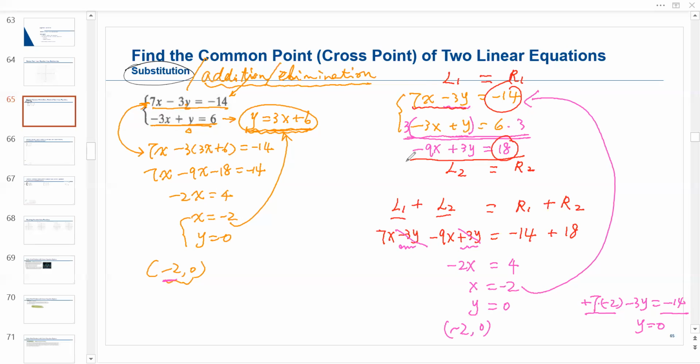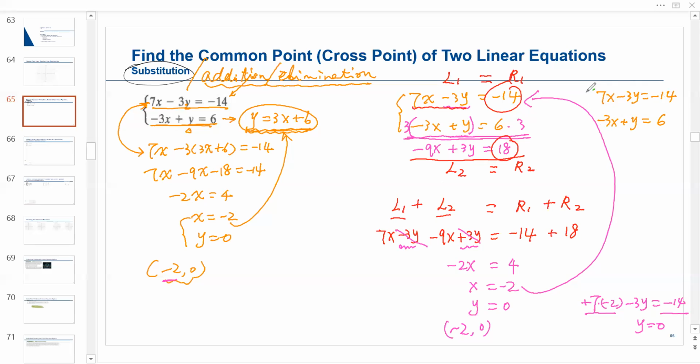We also can make x disappear. So how to make x disappear? Let me rewrite this part one more time. Here is 7x minus 3y equal negative 14. Last time we made y disappear, right now we want to make x disappear. So I need the two x terms to add together and become 0. So what do I need to do?